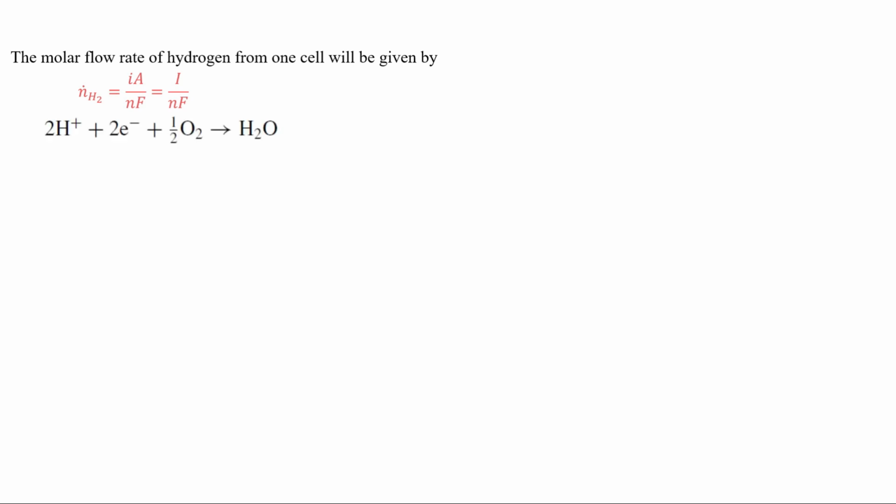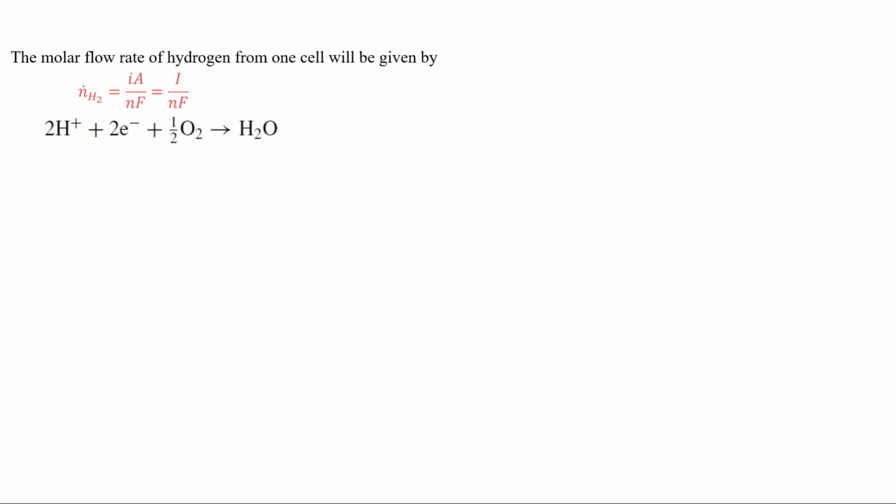Now we are looking at the electrochemical reaction equation for water generation, and from this equation we can see that for 1 mole water generation 2 electrons are involved.